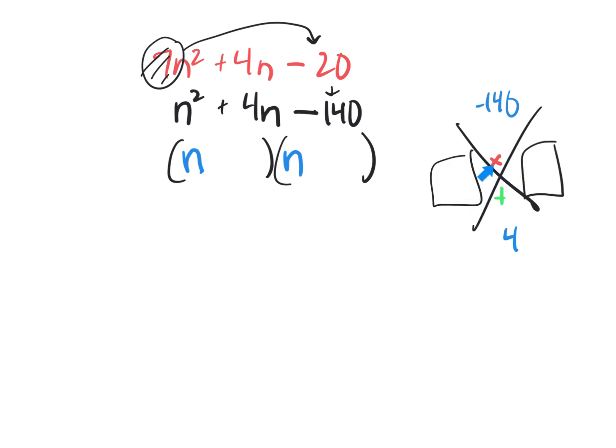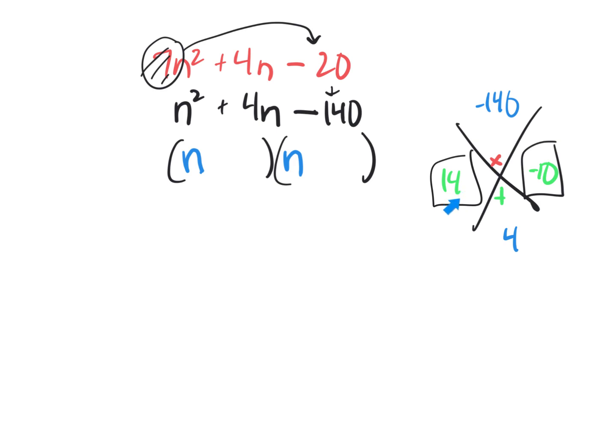Two numbers which multiply to give you negative 140 and add to give us 4, but we've seen this already. It happens to be 10 and 14. Product has to be a negative 140, so one of them is positive and one is negative. And when we add them, we need to get a positive 4. So 10 would be negative and that would be 14.